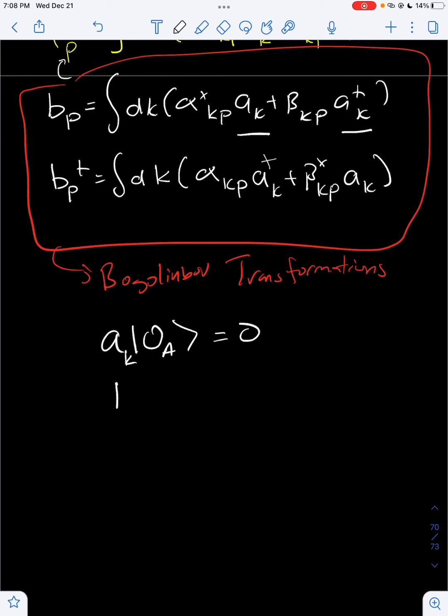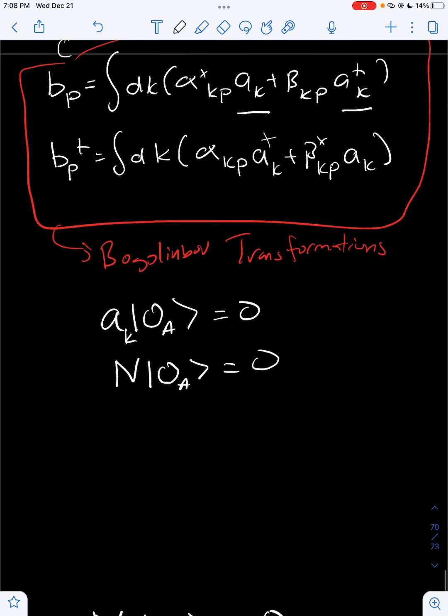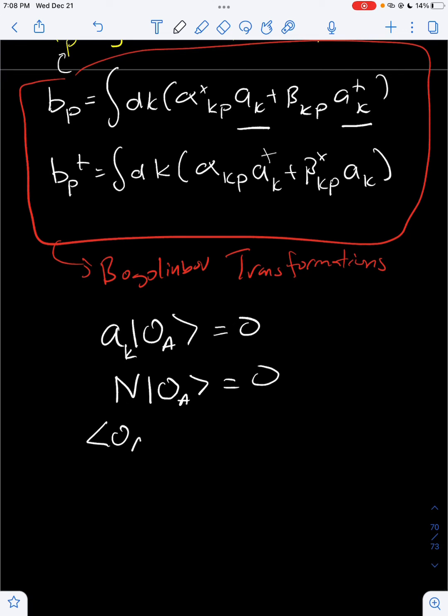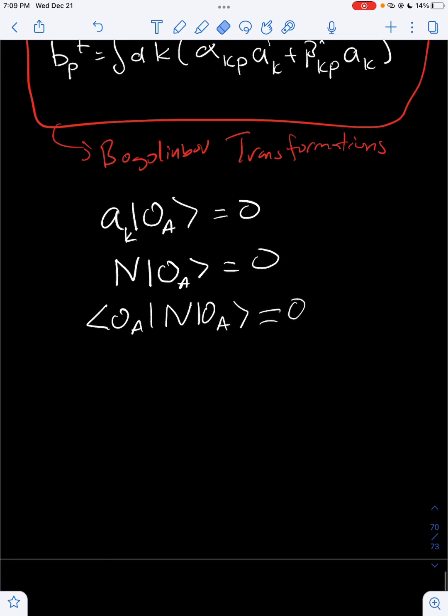And the number of particles in the vacuum state is also going to be 0. This implies that the expectation value for the number of particles in the vacuum is going to be 0, because since the number of particles in the vacuum is always 0, the average number is also going to be 0. So we want to see how many particles that B will measure in A's vacuum state.